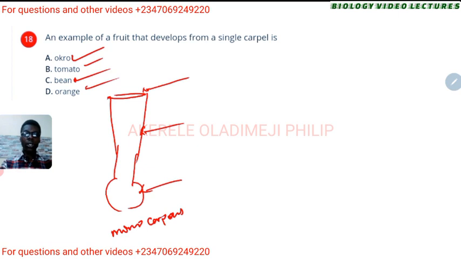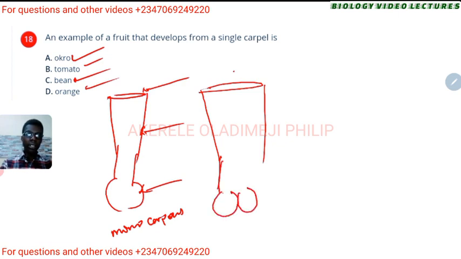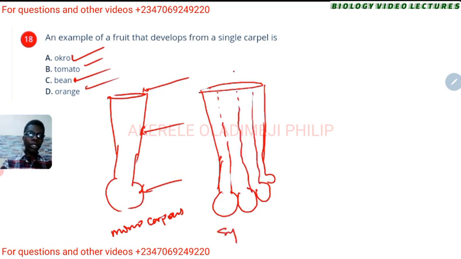While for okra, orange, and tomato, what you have looks like this: an ovary, another ovary, another ovary. So this is a carpel, another carpel, another carpel. We call this a syncarpous pistil, which means two or more carpels fused together. So these other three are from them, while bean is from a monocarpous pistil.